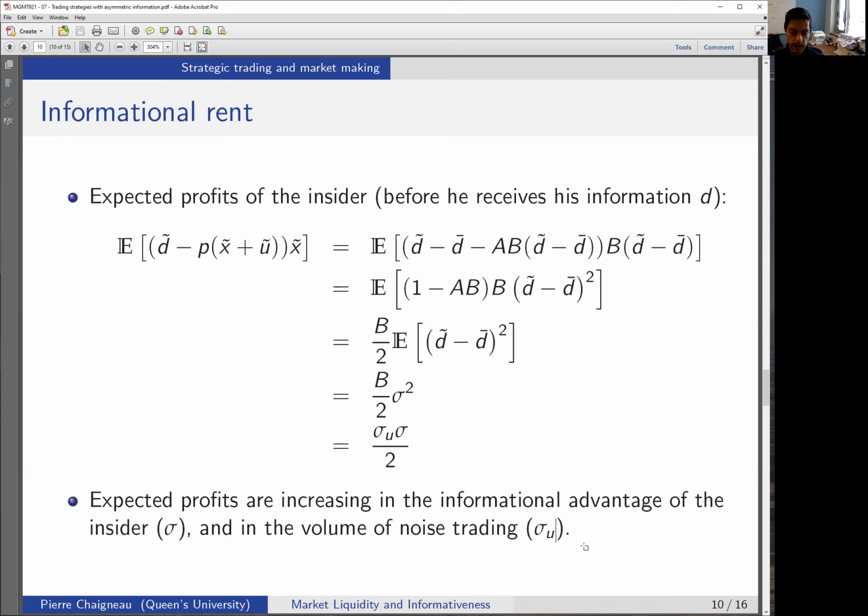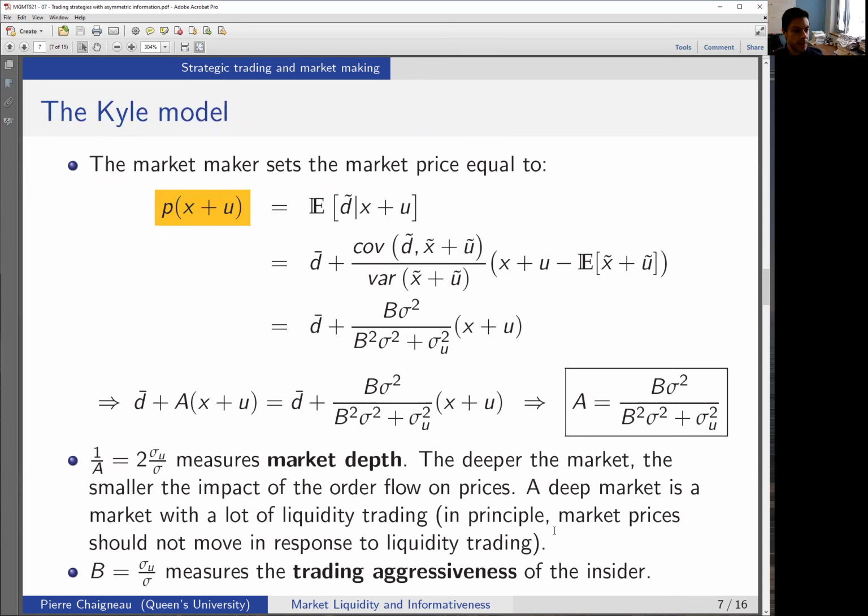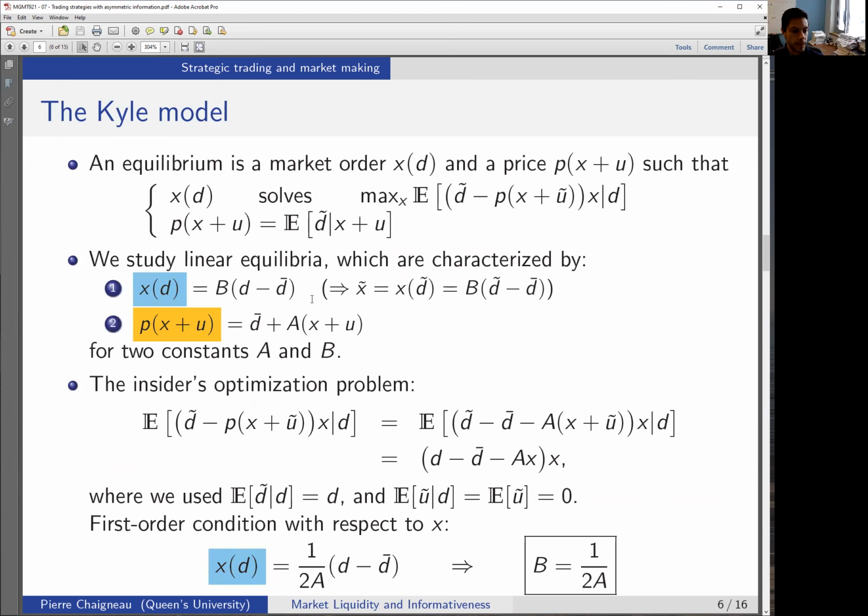Again, we can consider the case without any noise trading whatsoever. And then what would happen? Well, if there were not any noise trading, let's go back to this. So how would the market maker set the market price? It would be equal to the expectation of D tilde conditional on X. But if X of D is equal to this, so there's a one-to-one mapping between D, the information of the insider, and X, the quantity demanded.